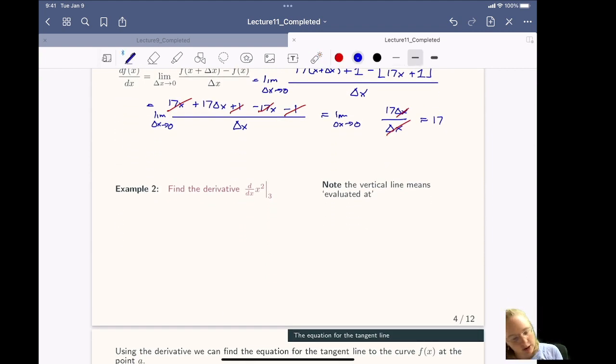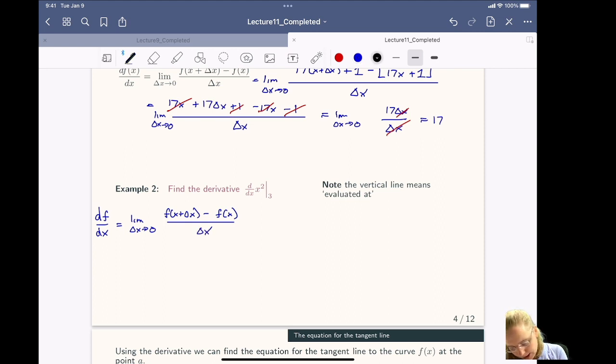Okay, so let's use our formal definition of the derivative. We have the limit as delta x goes to 0 of df dx is equal to f of x plus delta x minus f of x divided by delta x.